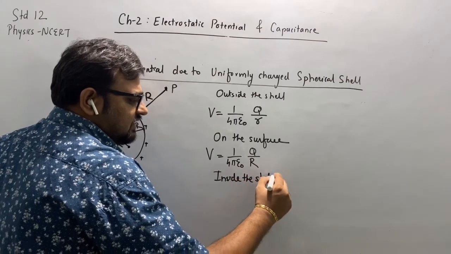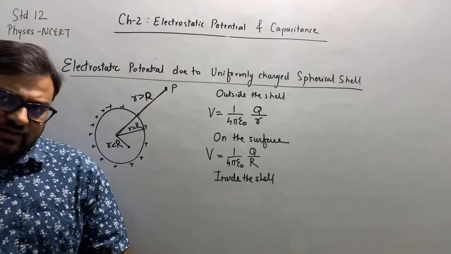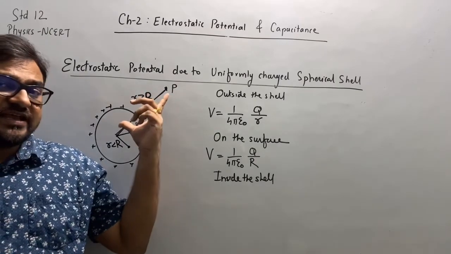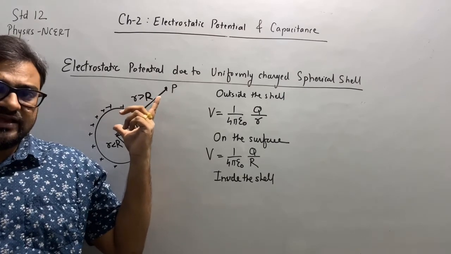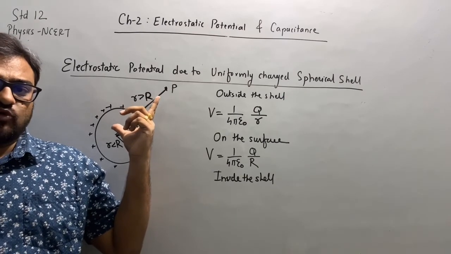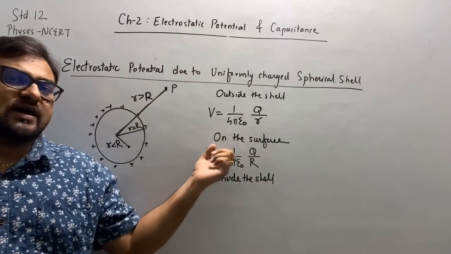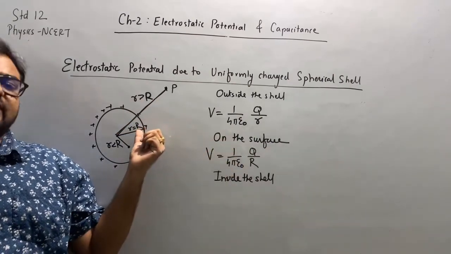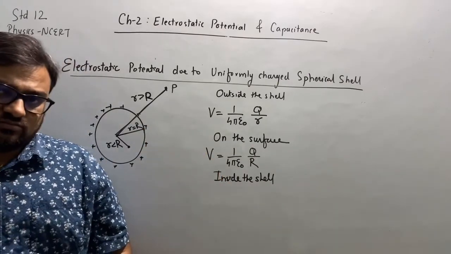Now see, if we take electric field, then outside the shell it would be kq by r square, that is 1 by 4 pi epsilon 0 q by r square. On the surface, kq by R square, where R is the radius. And inside the shell, the electric field is 0.